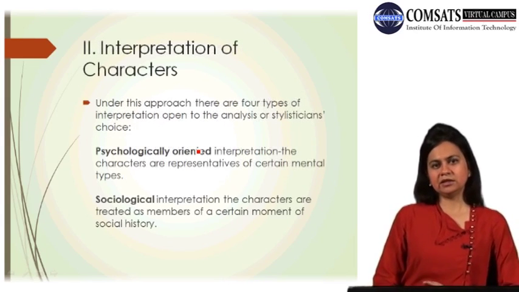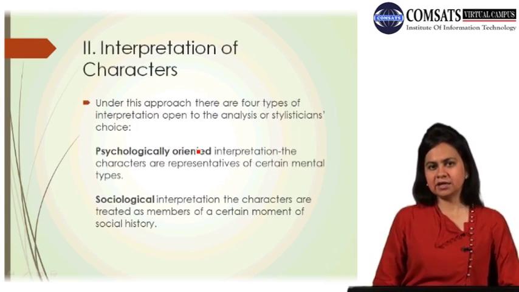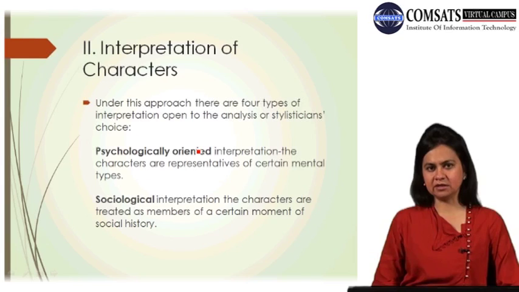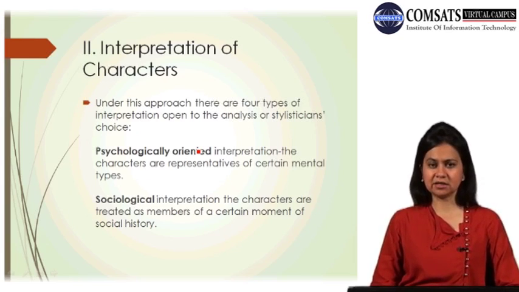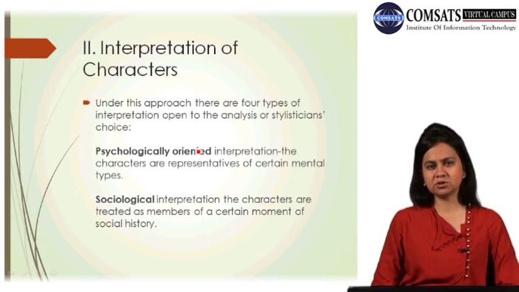Now, in literary stylistics, the second approach that is employed by the analysts or the critics is the approach in which you interpret characters. You focus your analysis on the interpretation and analysis of the characters, their behavior, their motives, their appearances, how they have been created, what functions they perform.